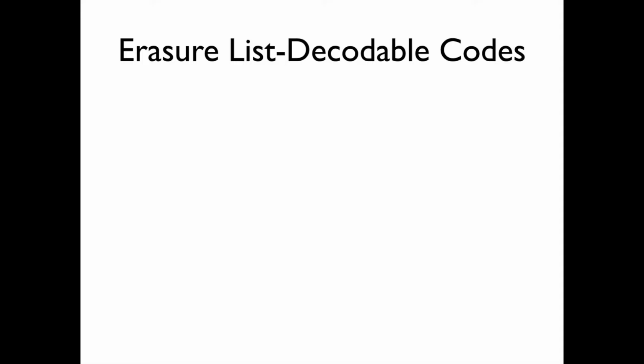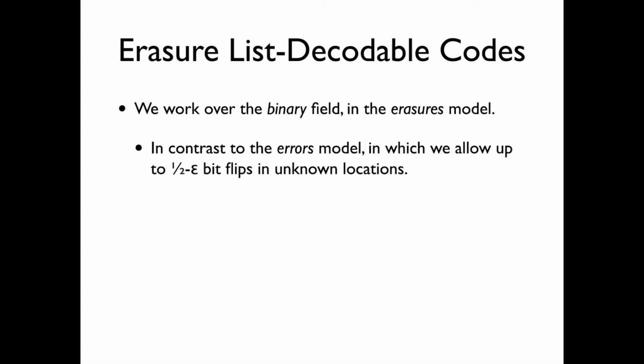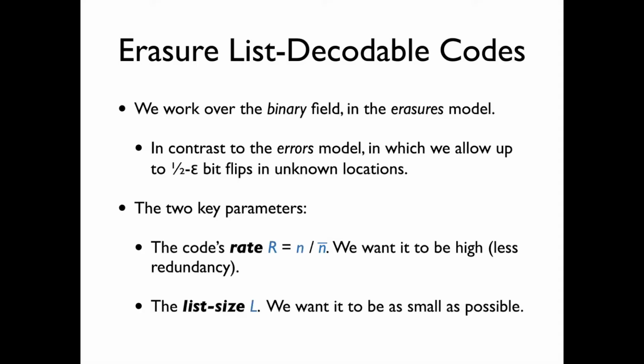So list decoding is highly motivated, as most of you probably know. Now let's see what are the parameters that we can hope for. So we work over the binary field in the erasures model. Now this is in contrast to the errors model, in which we allow not erasures, but errors, meaning that we allow up to half minus epsilon fraction bit flips in unknown locations.